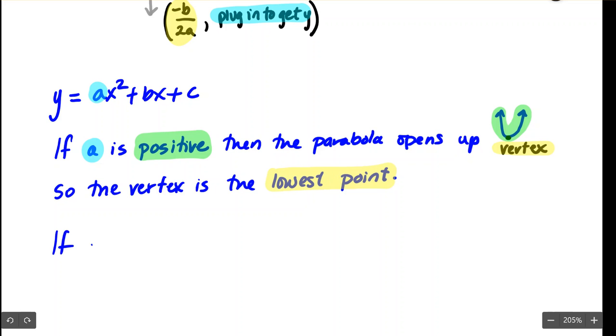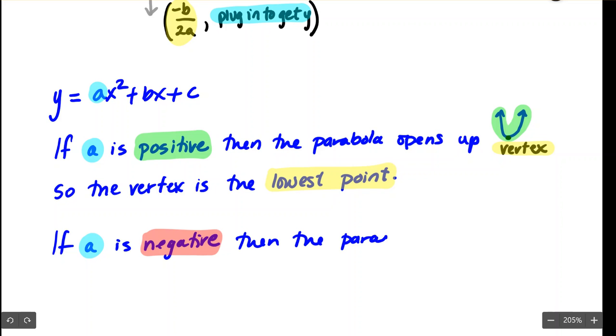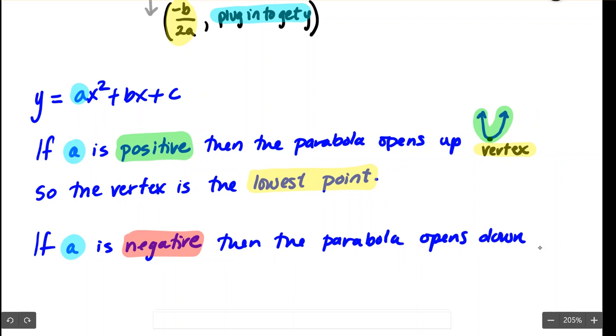If a is negative, then the parabola opens down. So it looks like this.